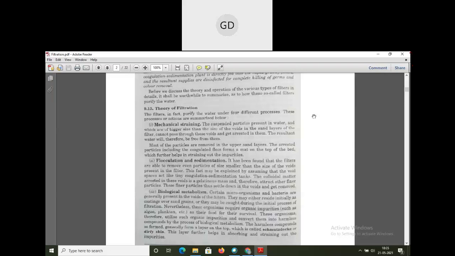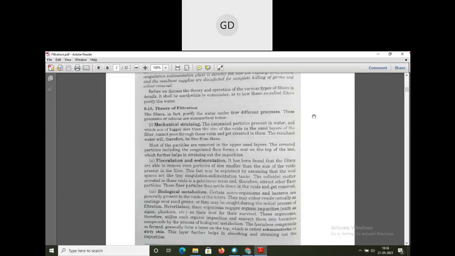So they utilize the organic impurities in the water, like algae and planktons, and convert those organic impurities into harmless compounds by the process of biological metabolism.